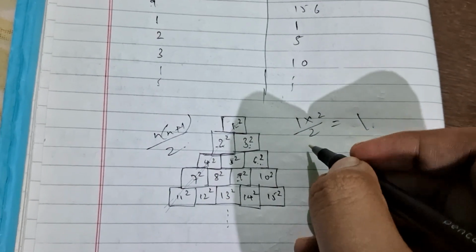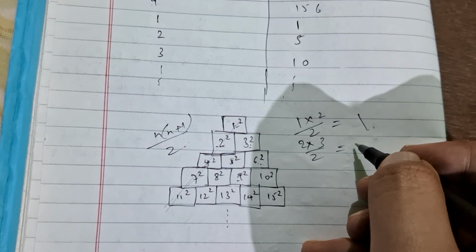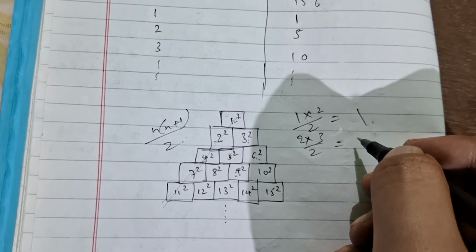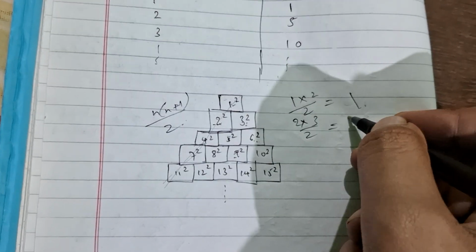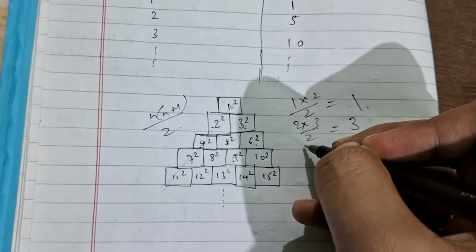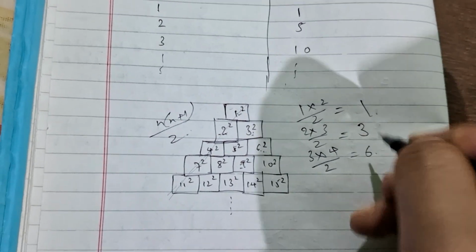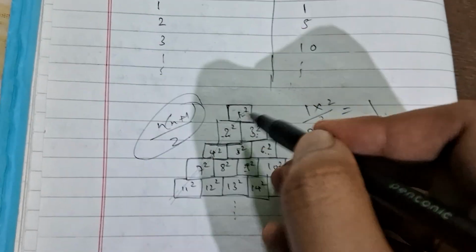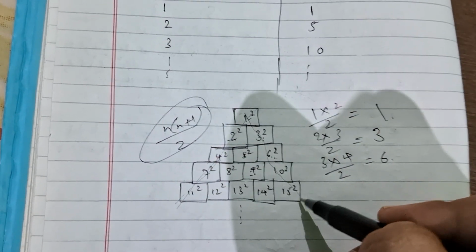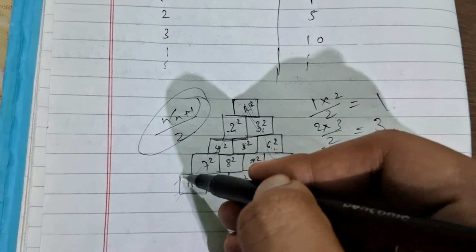If n is equal to 2, it is 2 into 3 by 2, that is 3. And if n is equal to 3, then it is 3 into 4 by 2, that is 6. I'm really sorry, this is not for this one. This is just this one, sorry, my mistake.